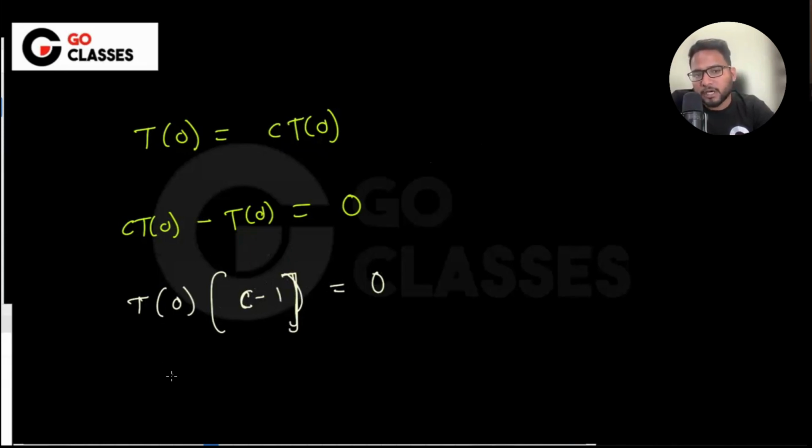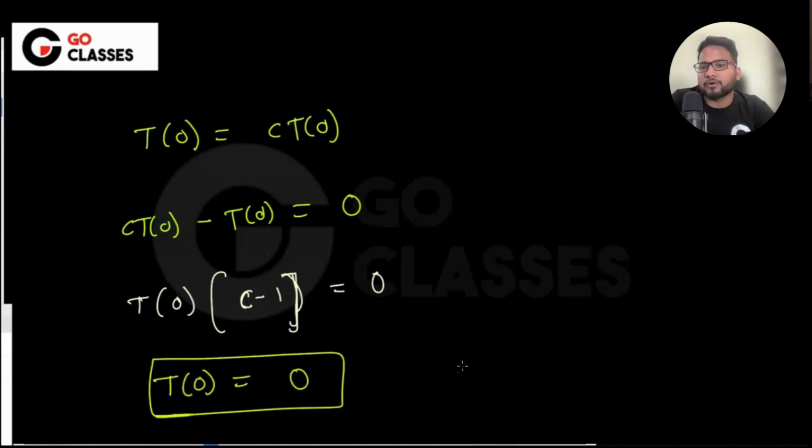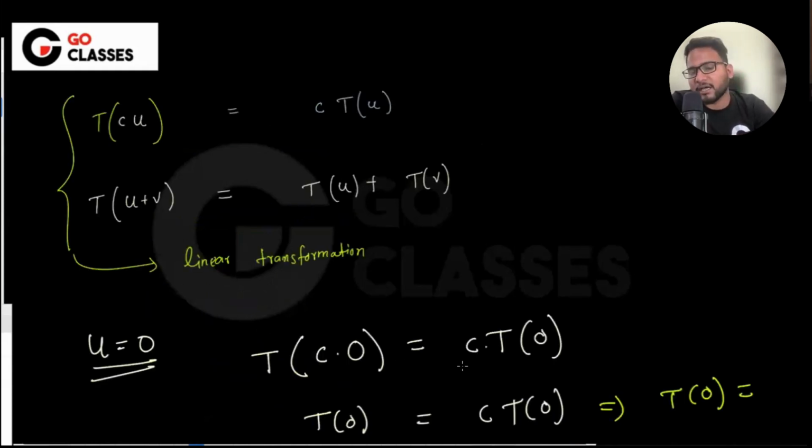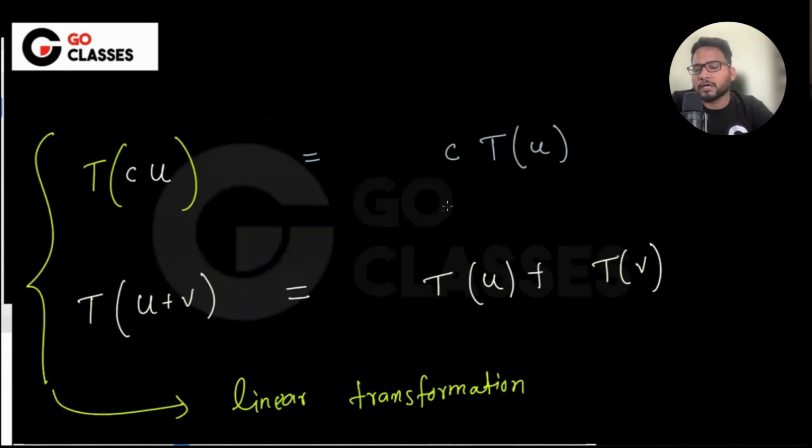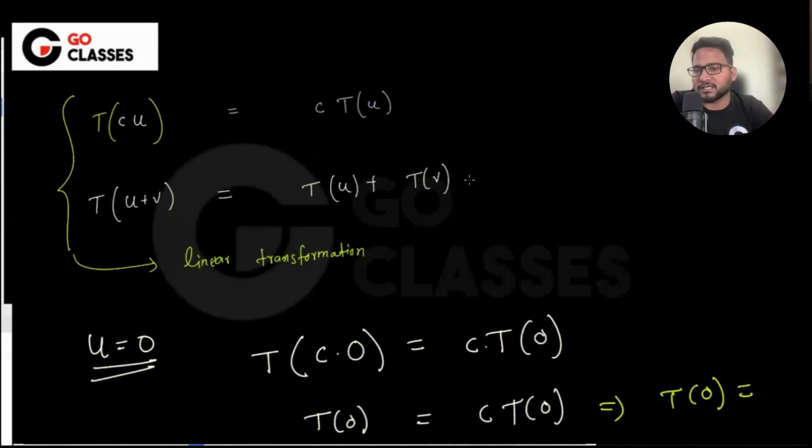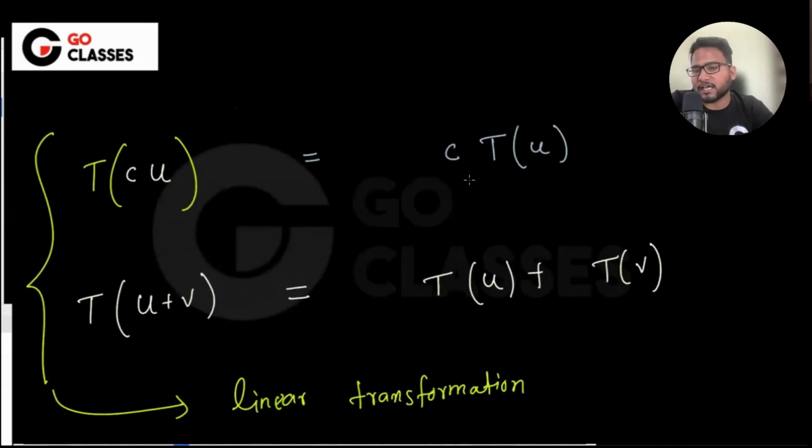Suppose c is not 1, then from here you will get T of zero equal to 0. So what I'm trying to say is that if these two properties are followed, then the origin doesn't get changed. Automatically it is a byproduct, you don't have to do anything. If this is a linear transformation, then the origin will stay.